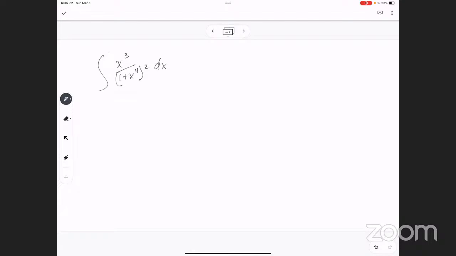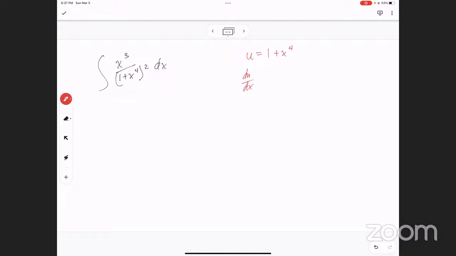Okay, so what do you think u is going to be? 1 plus x to the 4th is u. And the reason I think it's going to be that is, can you see it right here? Do you see how that's the derivative of that? That's another thing that kind of gives it away.